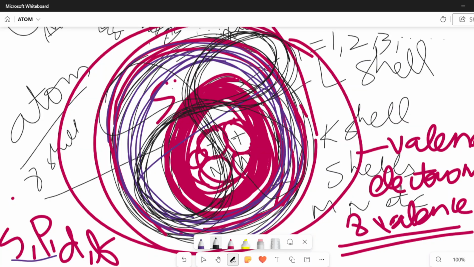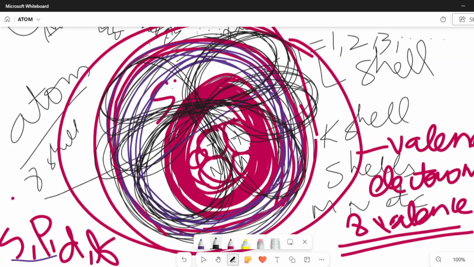So different energy levels here. See, in different energy levels, you will have this closed shape in 3D, X, Y, and Z axis. You will have three closed shaped structures. So in these three parts, the electrons will be present.